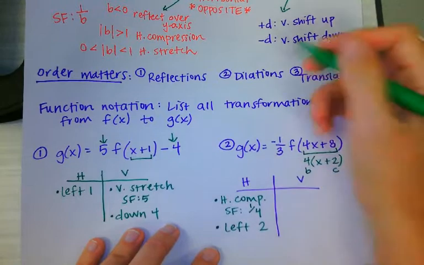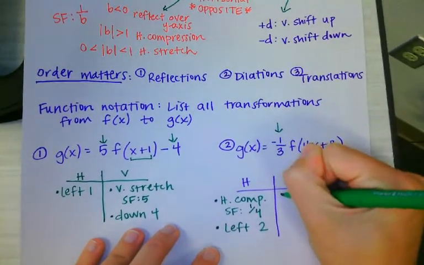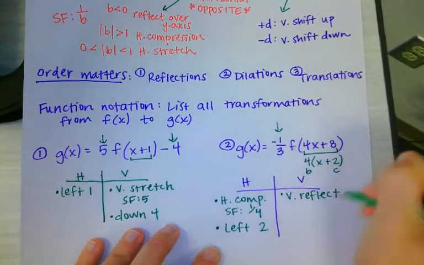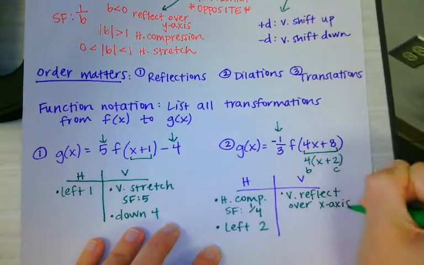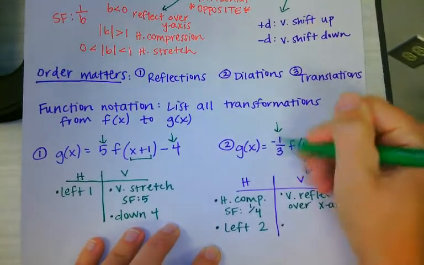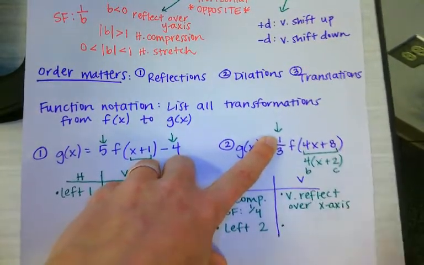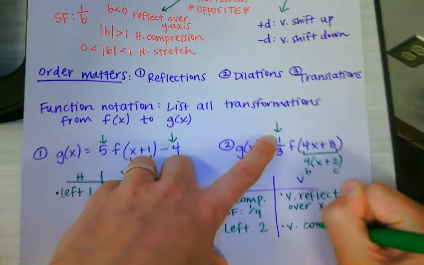Okay, the only other number I have to look at is this negative 1/3. The fact that it's negative means I have a vertical reflection over the x-axis. And then the 1/3, ignoring the negative, 1/3 is my scale factor of my vertical compression.